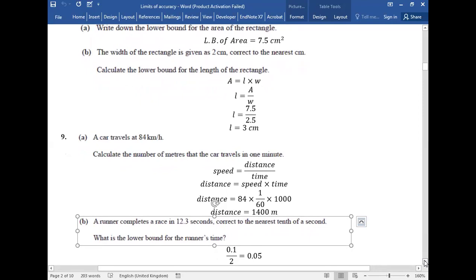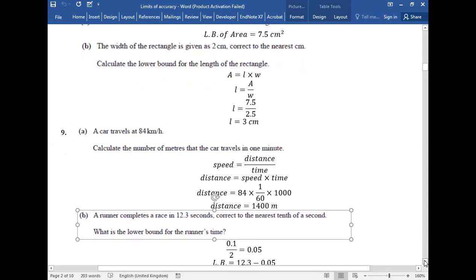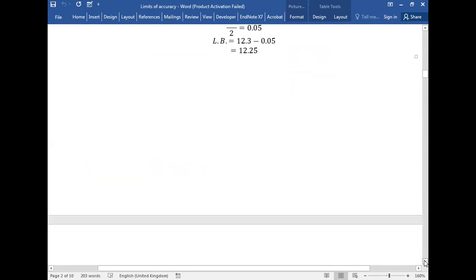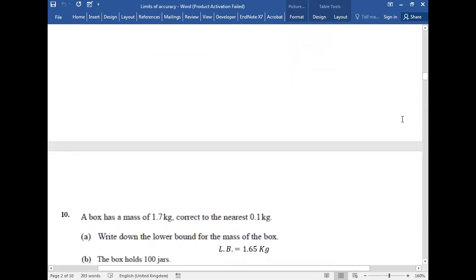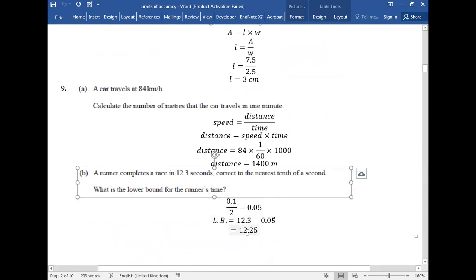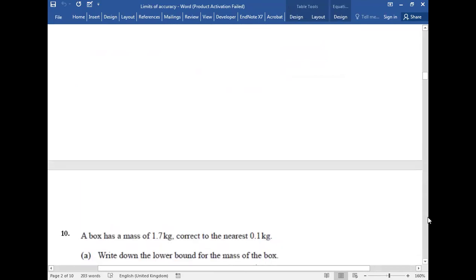Which is 0.05. Is that right? इसको subtract कर दो. 12.25 seconds. Is that right?